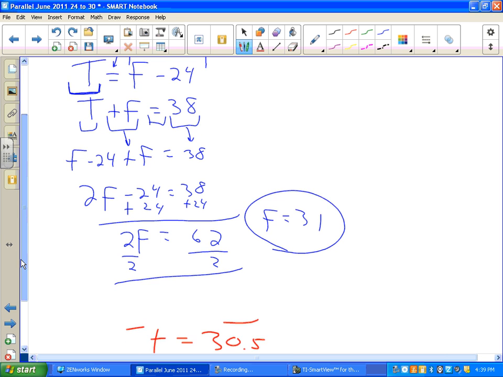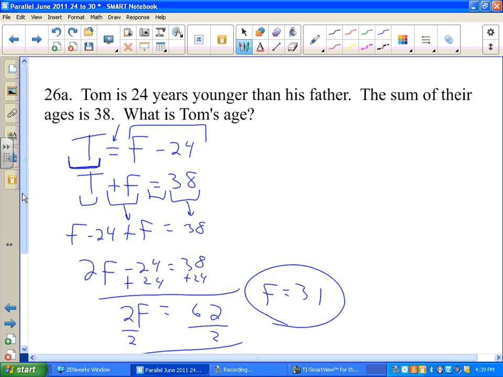Okay, now the sum of their ages is 38. I could take Tom's age.